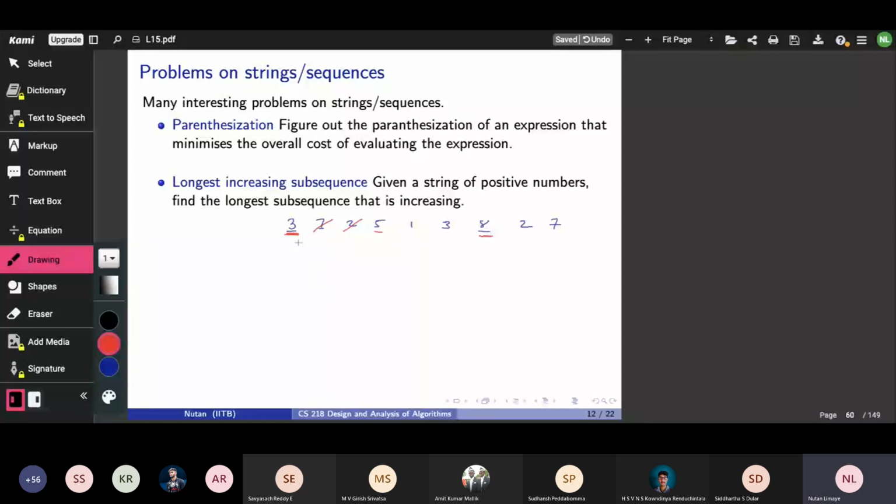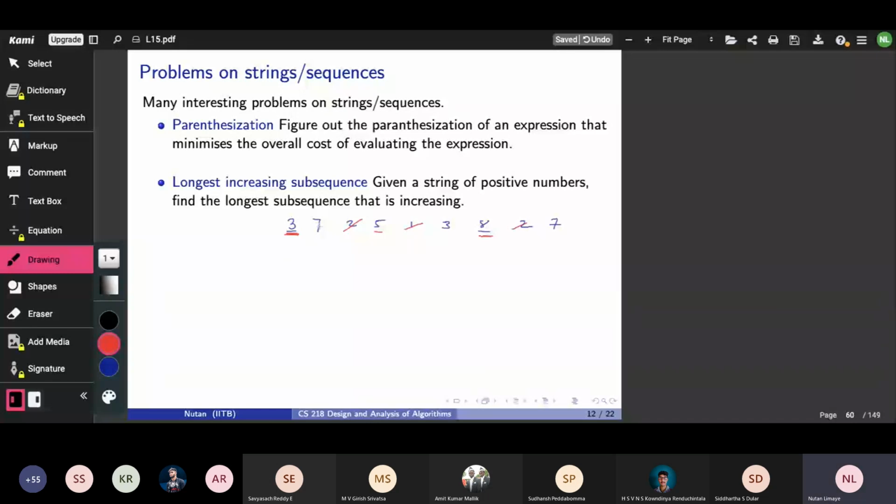For example, 2 just gets discarded because if a subsequence starts with 3, then 2 can't be inside it, but some other numbers continue to stay alive. And maybe most numbers continue to stay alive.